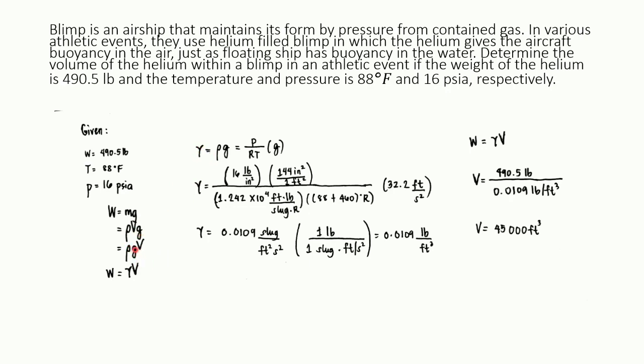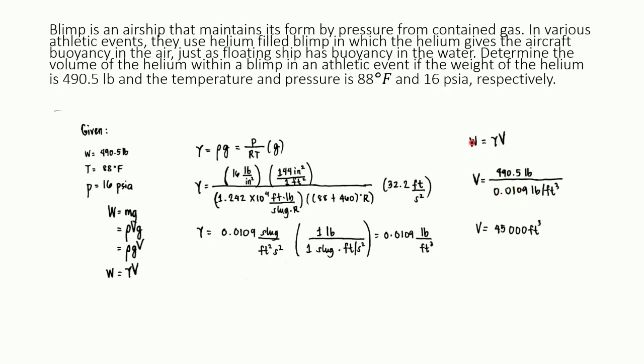We already have our specific weight since we solved for it a while ago. Now we are left with our specific weight, our volume, and our weight on the other side. Since we have our weight and our specific weight, we can now find our volume. So substituting the values for our weight and our specific weight, we can get our volume.